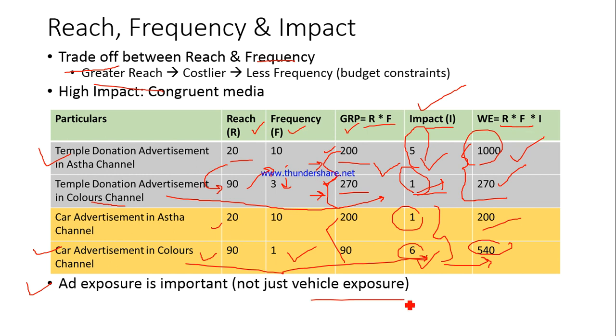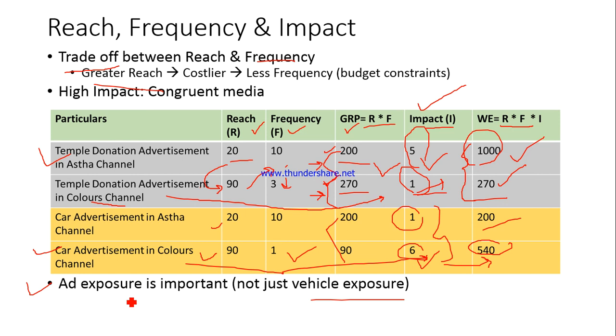So my audience got exposed to the vehicle that I was using. They read the newspaper Amar Ujala, but they did not actually see my ad. So the ad exposure was 0.